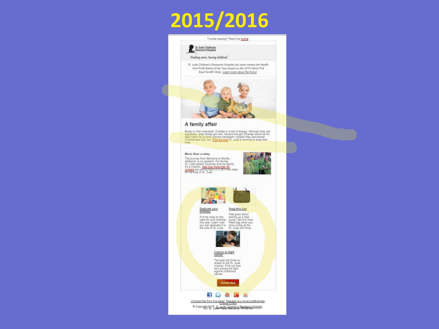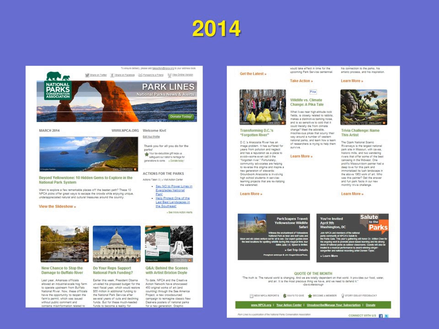Let me show you the ultimate in simplification. This was the 2014 newsletter from the National Parks Conservation Association. This was in the email. Now again, this whole thing on the right here was under the stuff on the left. But this is definitely a holdover from a long time ago when people thought they needed to make their emails look like their websites.